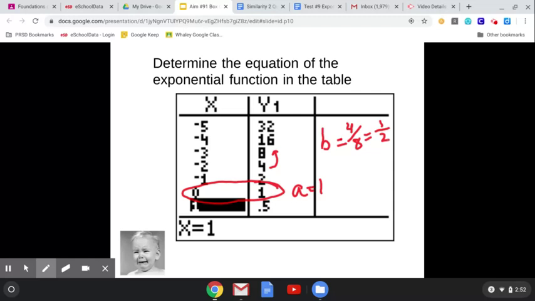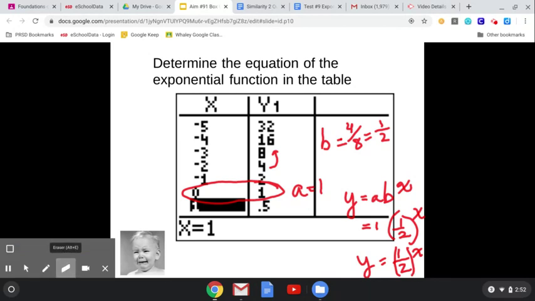So I got my a, I got my b. Now I have my equation. ab to the x, 1 times 1/2 to the x. More likely you'd probably even see it written like this, just 1/2 to the x. That's it for that one.